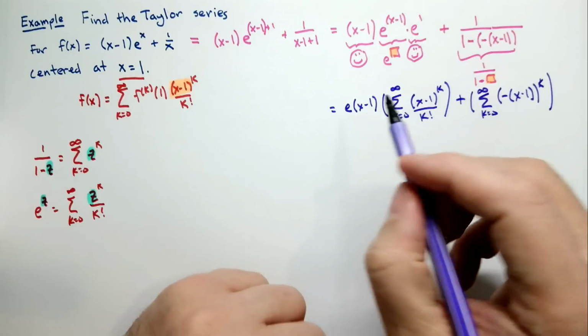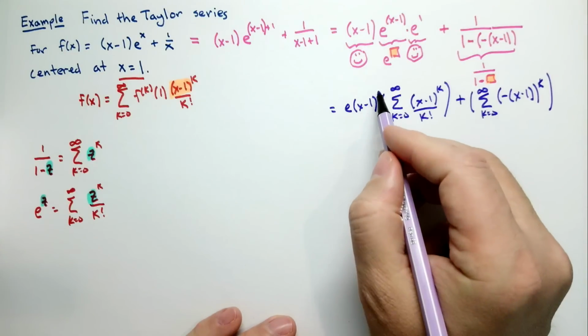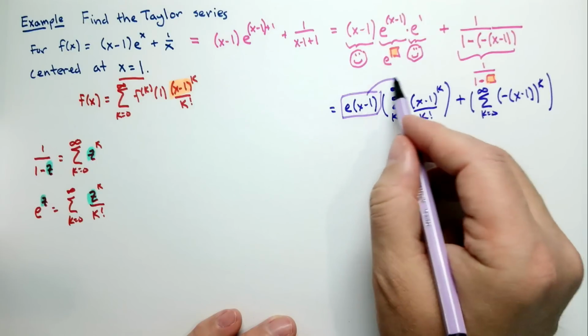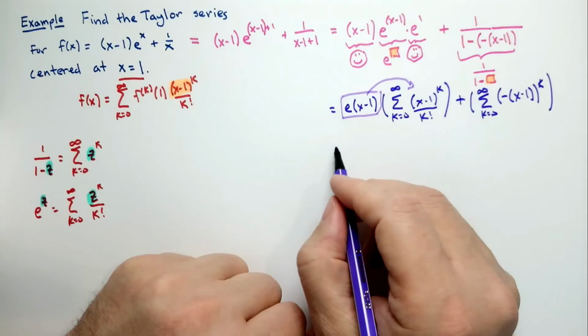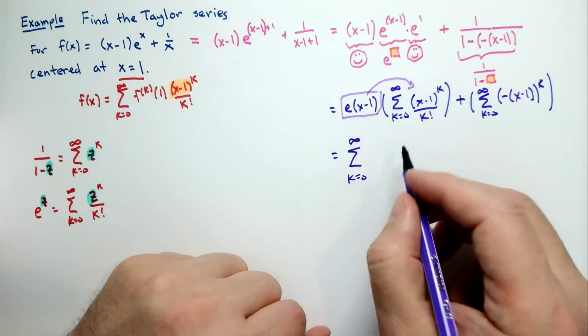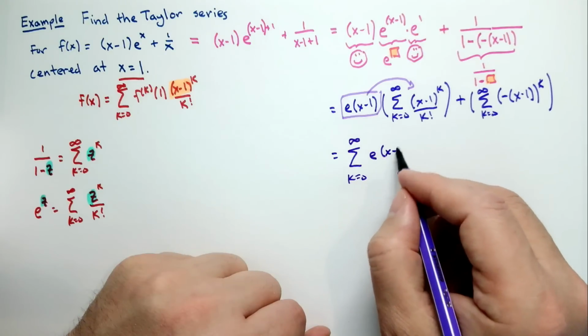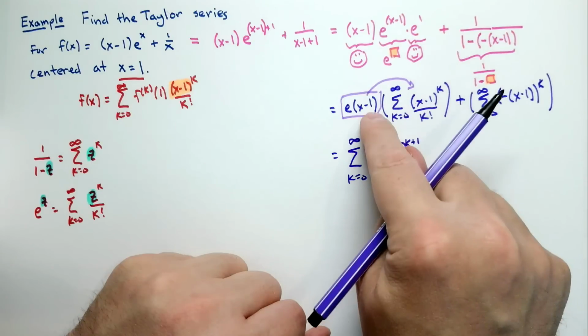All right. Now we'll do a couple of hopefully not too bad manipulations here. The e to the power x minus 1 will multiply through. And what does that give us? Well, we get the sum from 0 to infinity. We get e times x minus 1 to the power k plus 1, because there were k of them here, plus 1 more.